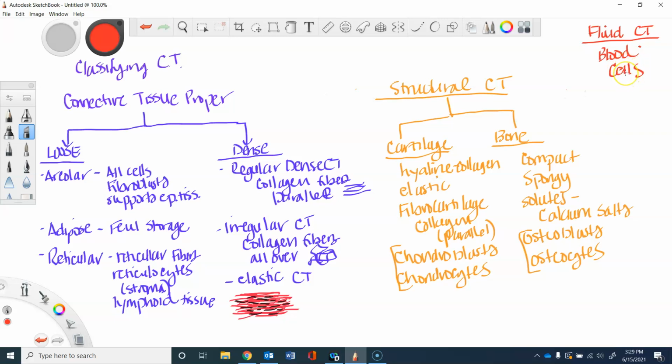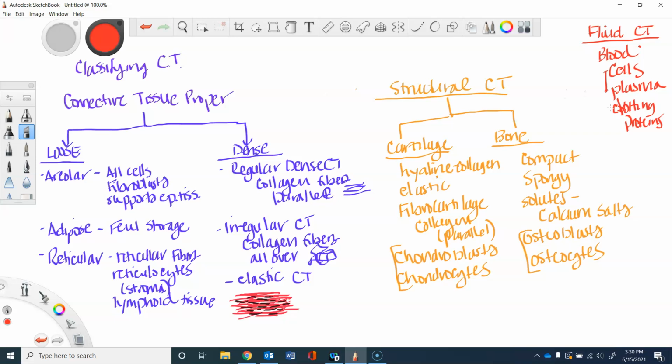So those are the formed elements, the red blood cells and white blood cells and platelets suspended in plasma, and that's the ground substance. The proteins, basically, that contribute to clotting, okay, so let's put clotting proteins, would be the fibers.